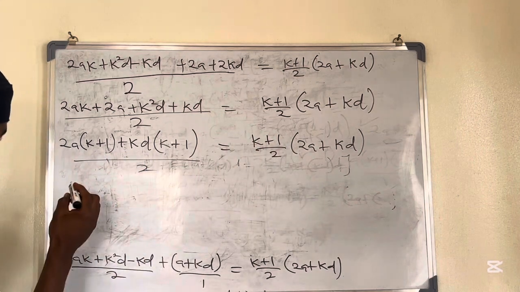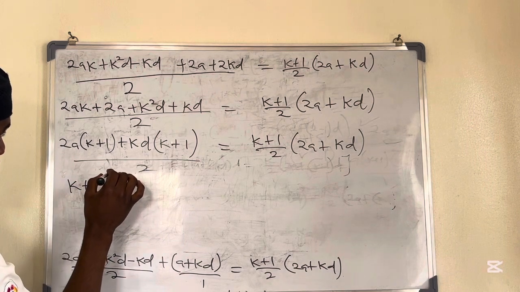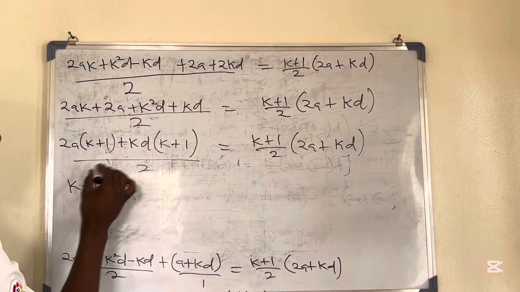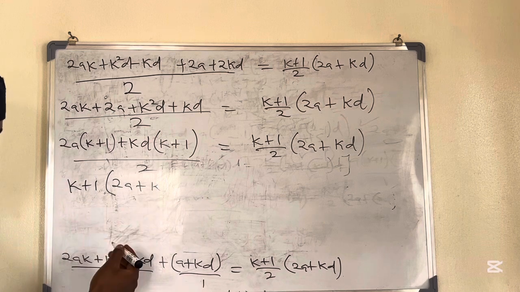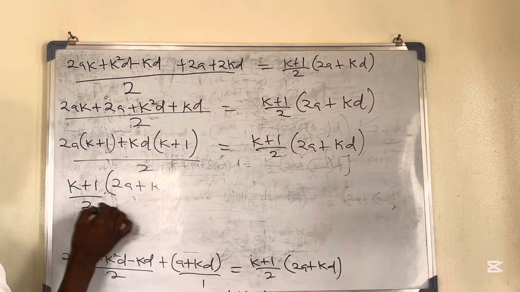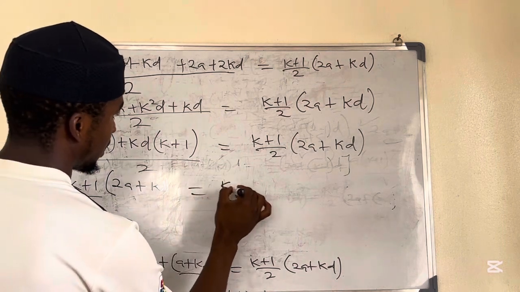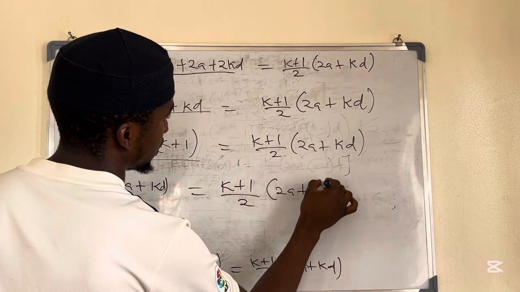So by the time we factor out k plus 1, then we're just going to have this into 2a, then plus kd. See here, kd all over 2, which is equal to k plus 1 over 2 into 2a plus kd.